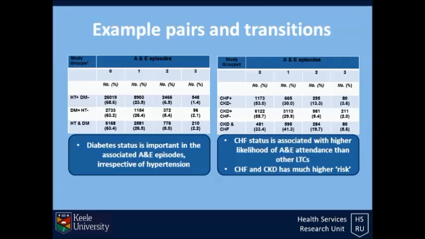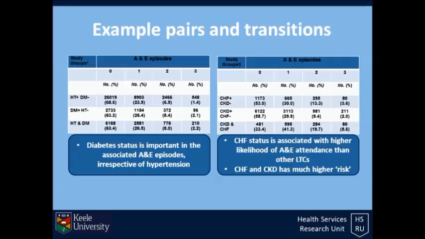And the bottom row gives you figures of people who have had A&E episodes in each of the 3 years. But if you then compare it with the hypertension group, 32% had had an A&E episode. So just having diabetes and hypertension was associated with increased A&E attendance, but it was similar to the diabetes group.